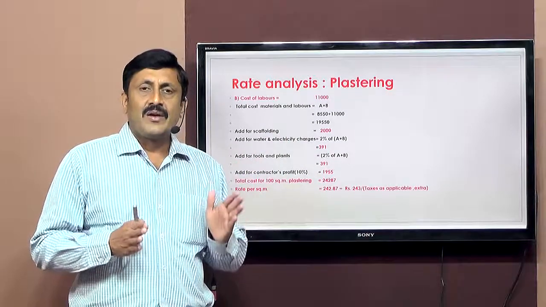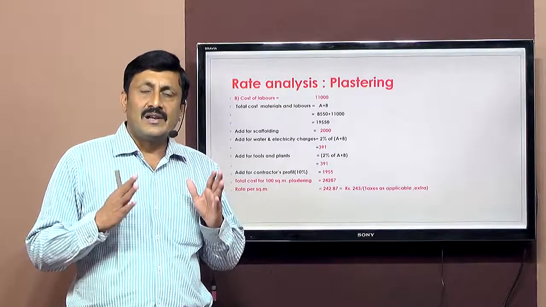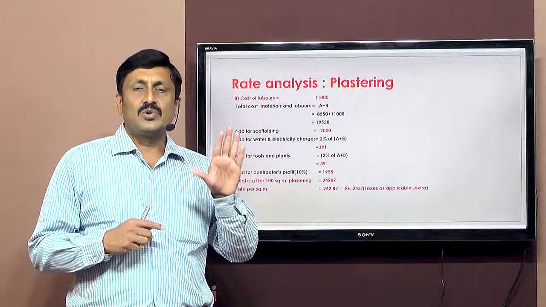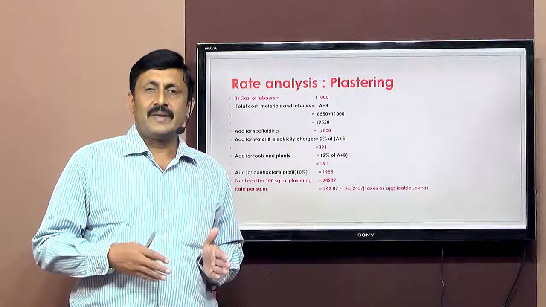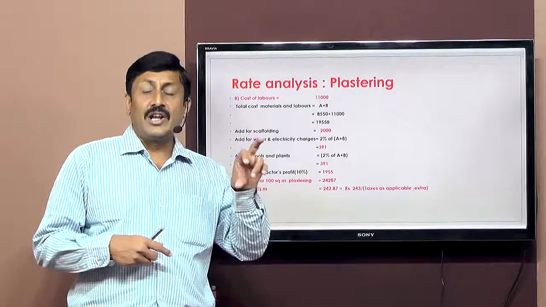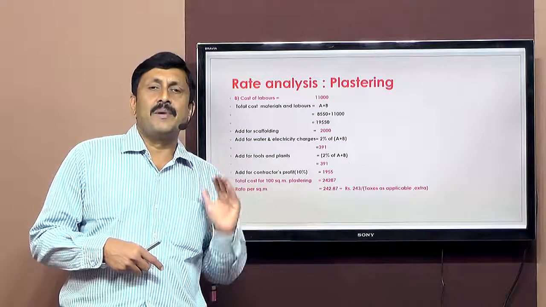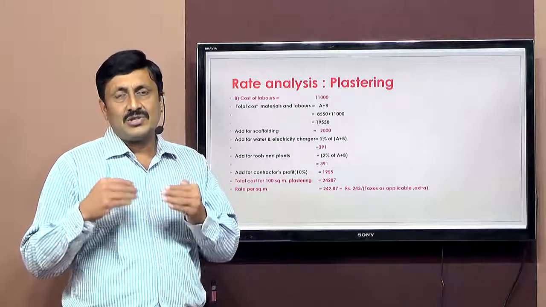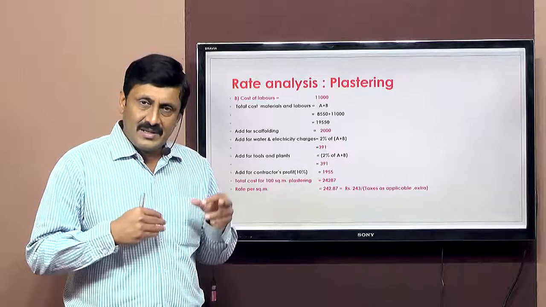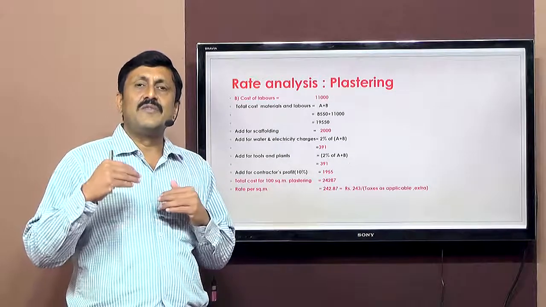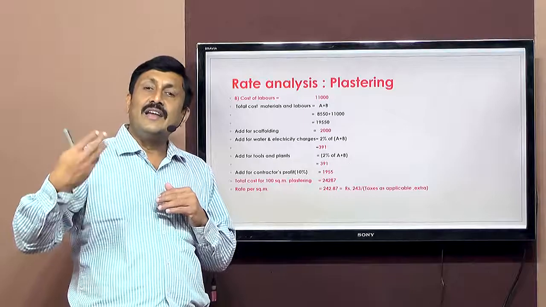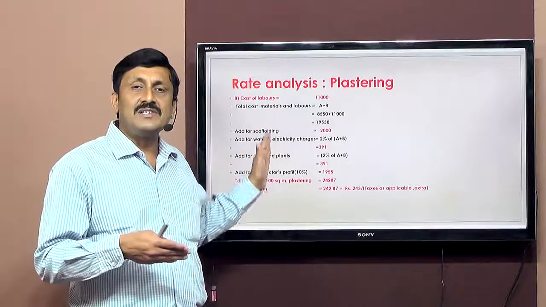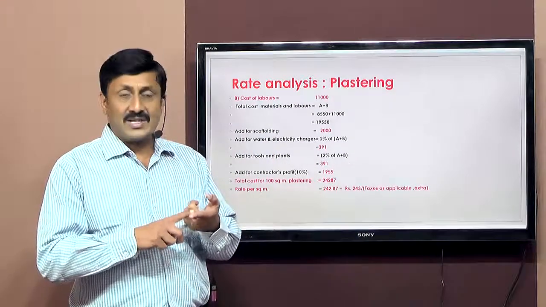Dear students, when you calculate the rate of a particular item of work, remember first to assume the quantity. Then calculate the quantity of A, that is the quantity of materials, and B, the required quantity of labors, then the cost of A, that is the cost of materials, and the cost of labors, B. Then you add A and B, that is find A plus B, and after finding A plus B, you have to add miscellaneous charges, that is for scaffolding.